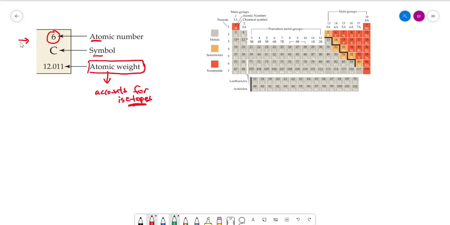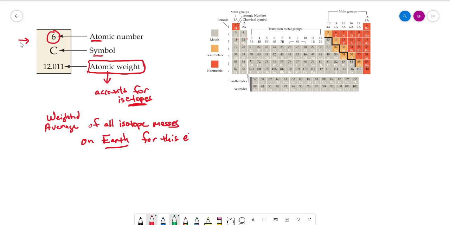So the atomic weight tells us really the average, it's actually a weighted average of all isotope masses on Earth, just on this planet, not in the universe, but on this planet, so the weighted average of all the isotope masses on Earth for this element.